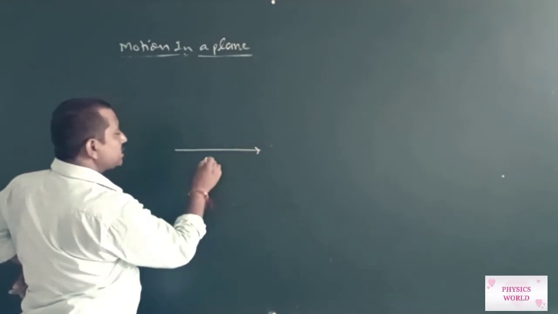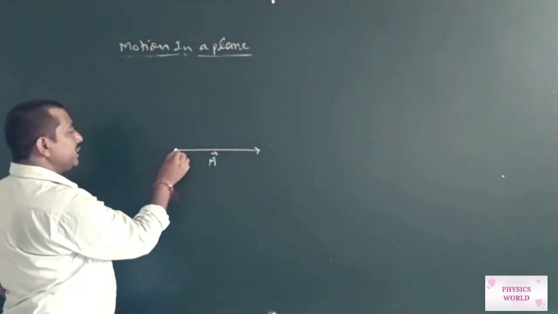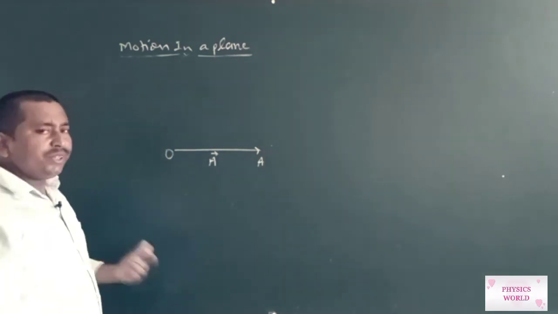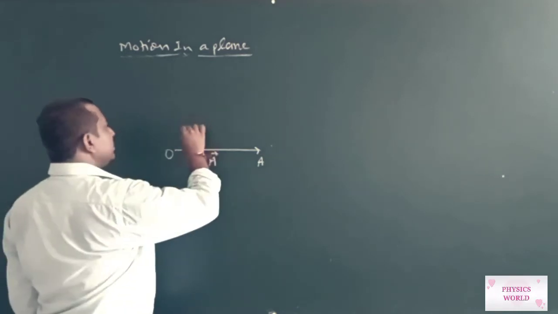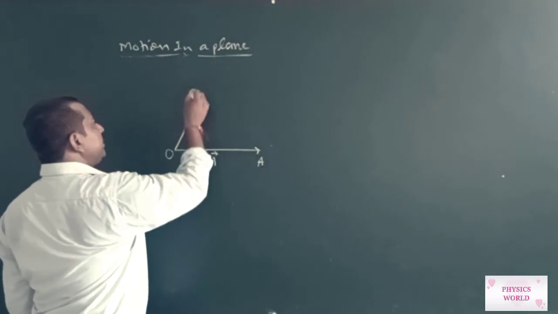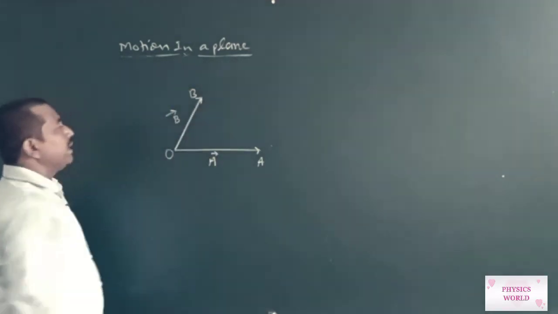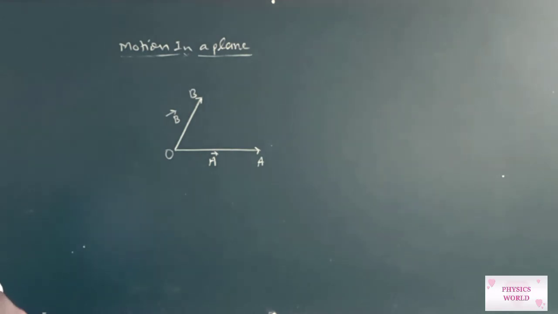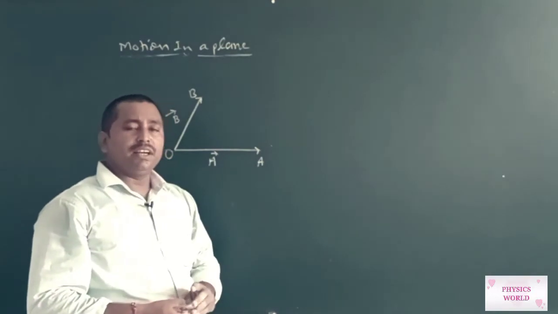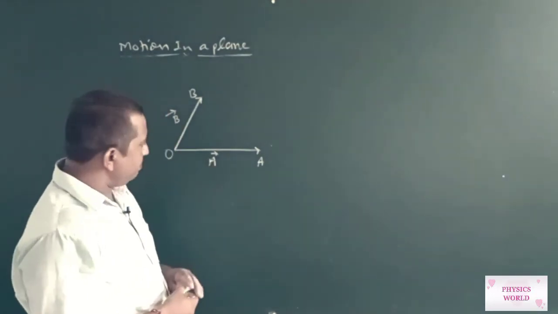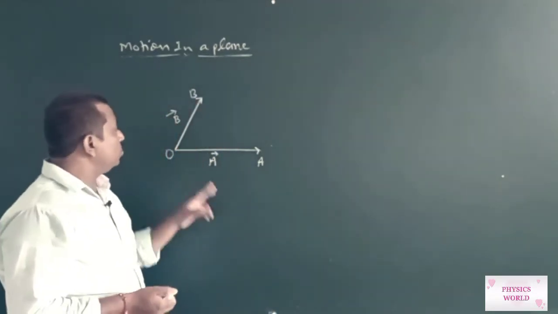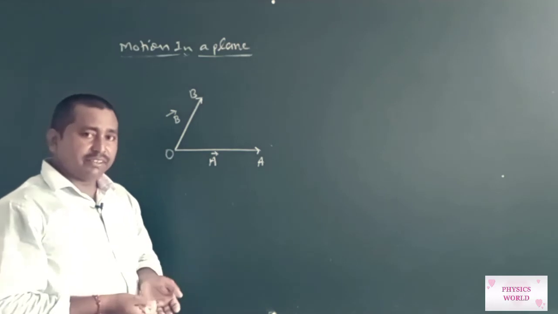Suppose this is a vector A that starts at point O and ends at point A. Another vector, vector B, also starts from O and ends at B. If we want to add these two physical quantities, vector A and vector B, they must be of the same nature.